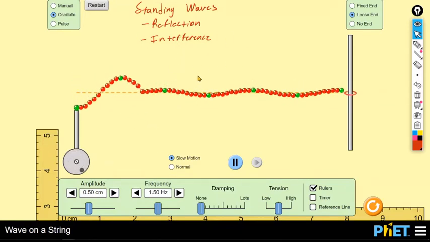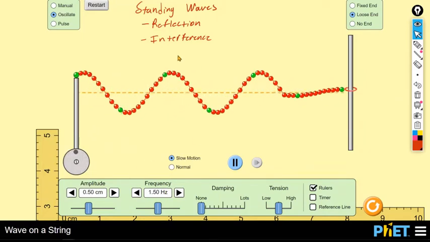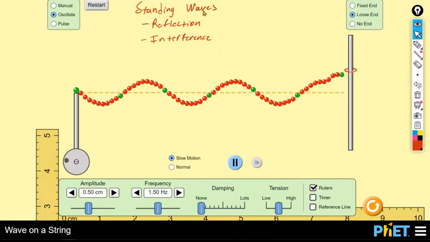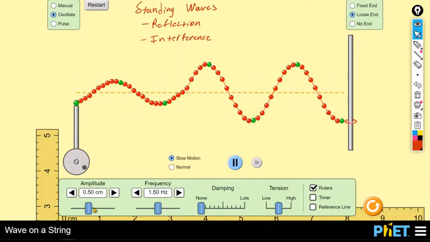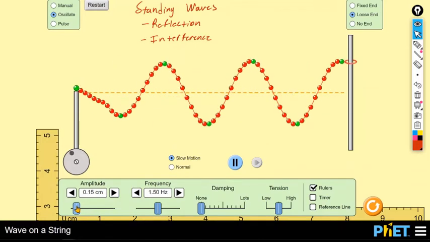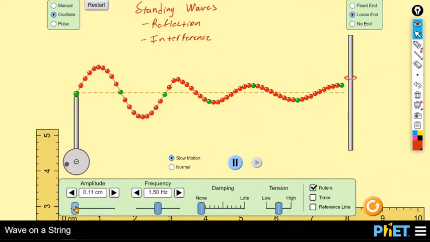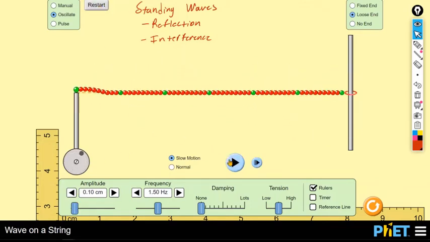Okay? Now, when the frequency of the source is just right, I can get something called a standing wave. Right now, the frequency isn't just right. The amplitude doesn't really matter, but I am going to turn it down for the purposes of this demonstration to about 10 centimeters. Restart, pause.